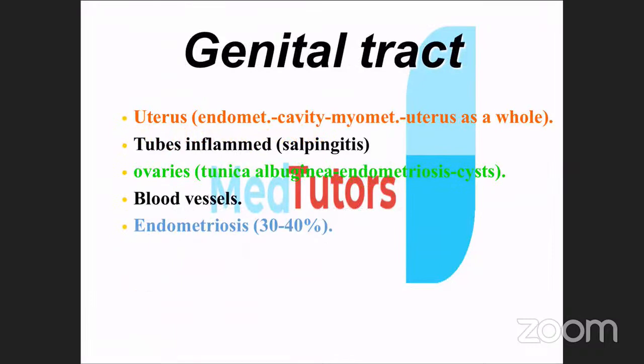In the genital tract, the endometrial cavity and myometrium as a whole may be distorted. There will be enlargement, there will be distortion, and there may also be salpingitis, inflammatory changes in the tube, as well as some form of oophoritis. And also, at the same time, there may be associated ovarian endometriomas.